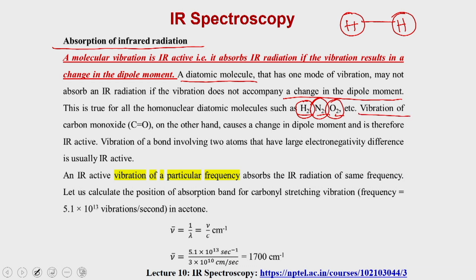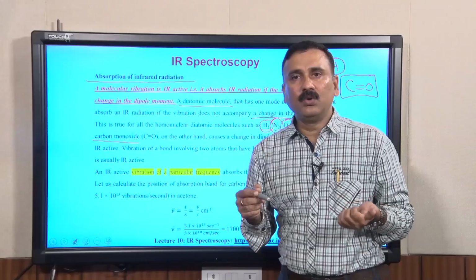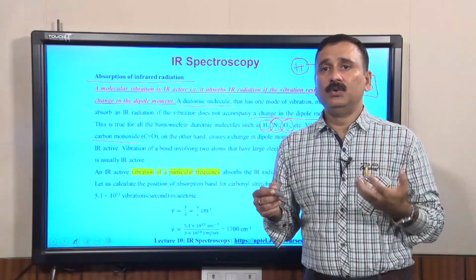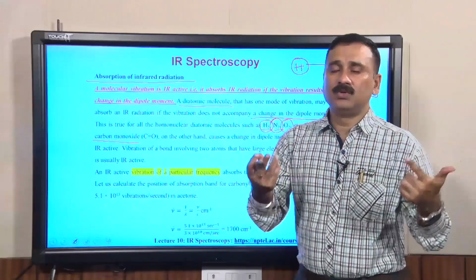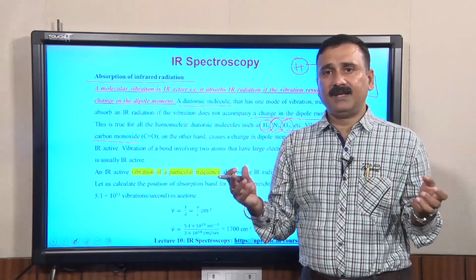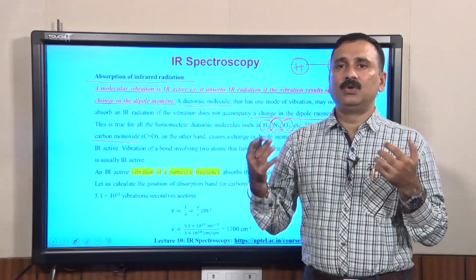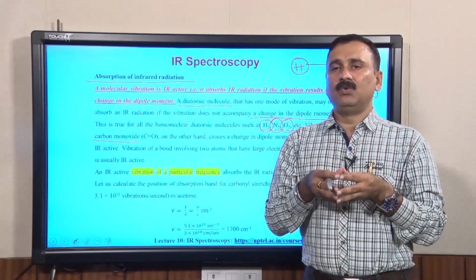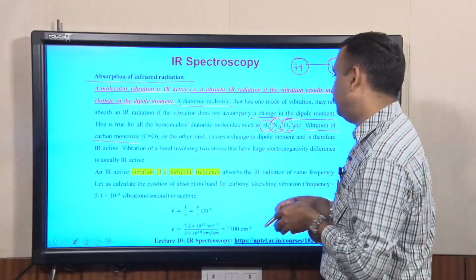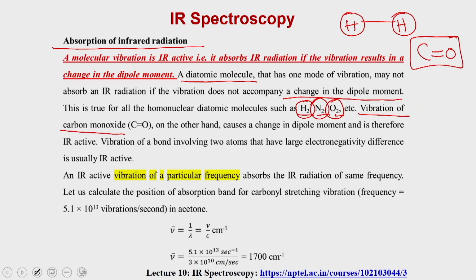Compared to that, if you have carbon monoxide, which is C double bond O, that is a diatomic molecule, but it is going to show you the molecular vibrations, because C and O are going to vibrate at different frequencies and generate a dipole moment within the molecule, and because of that, this molecule is going to absorb the IR radiations. In carbon monoxide, there is a change in dipole moment, and that is why it is IR active.